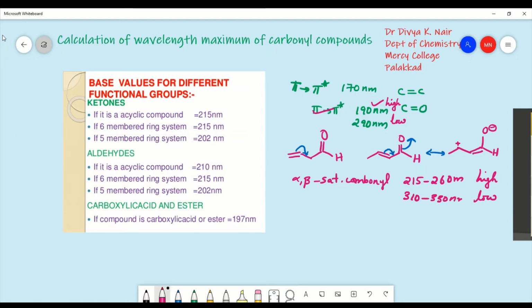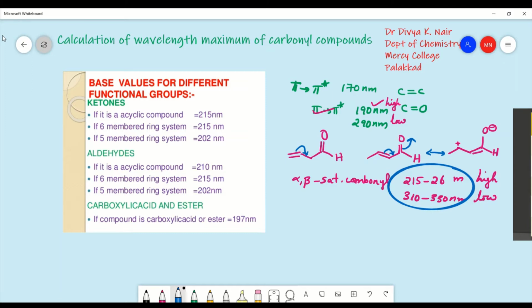This is a characteristic of alpha beta unsaturated compounds, because the carbonyl compound is in conjugation with the double bond.